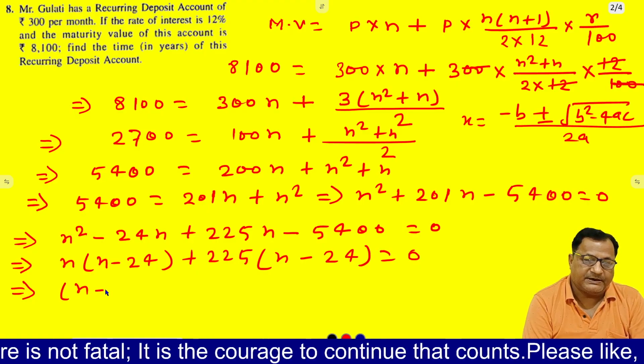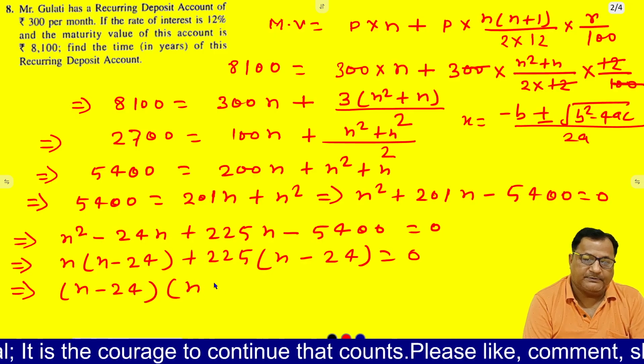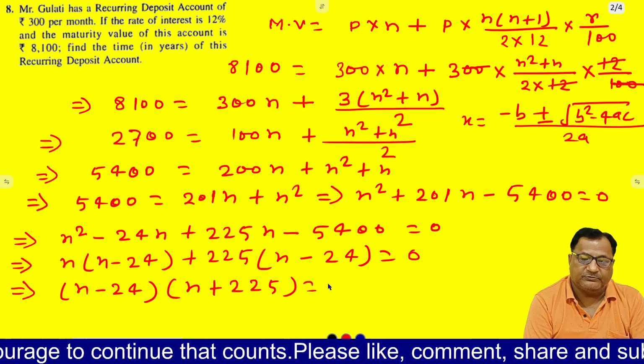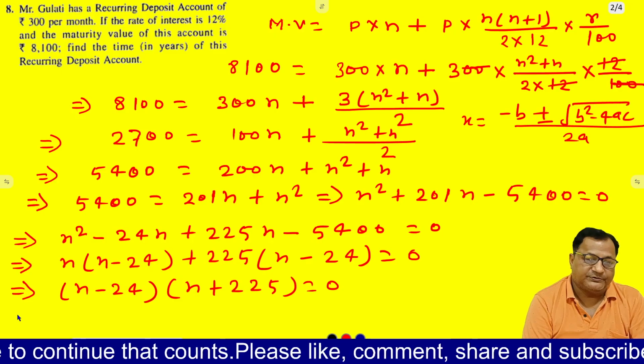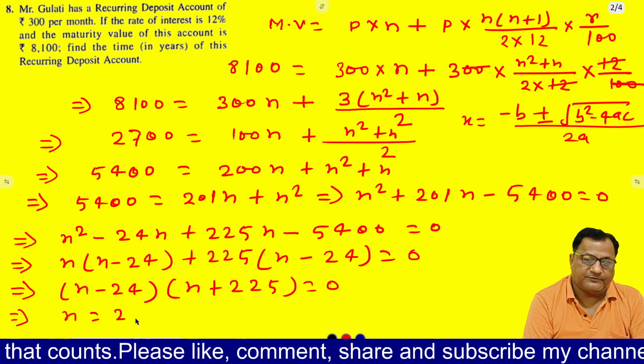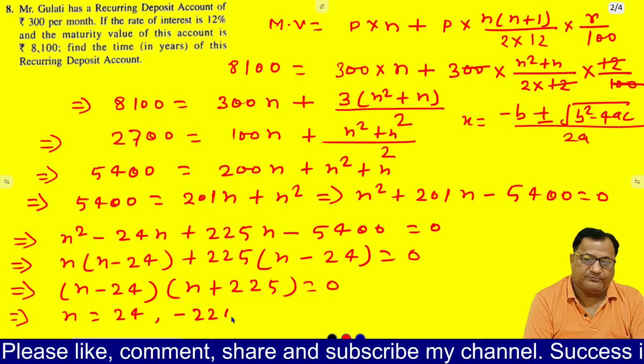So N minus 24 into N plus 225 equal to 0. So N equal to 24 and minus 225.